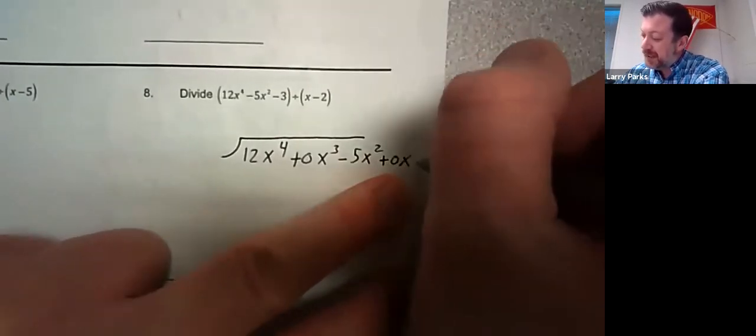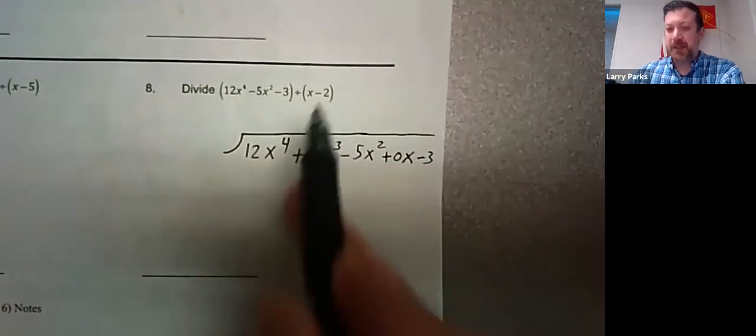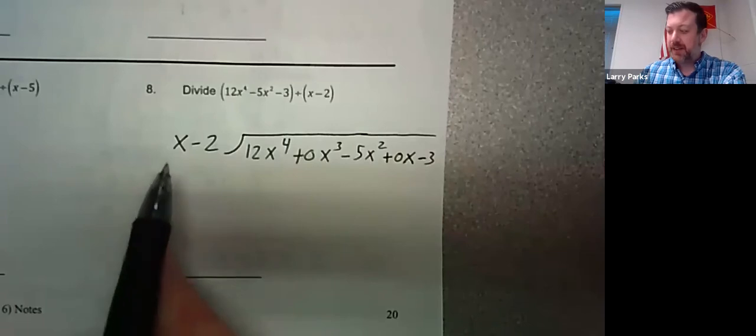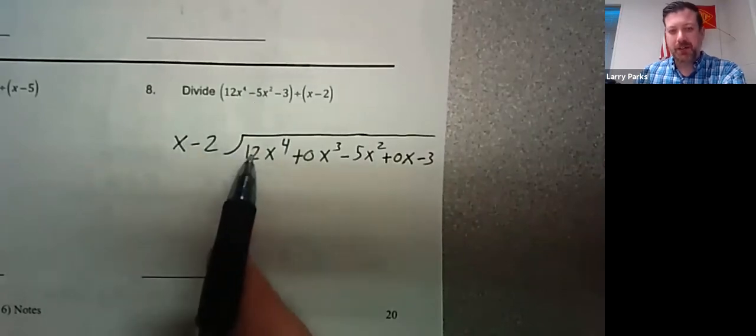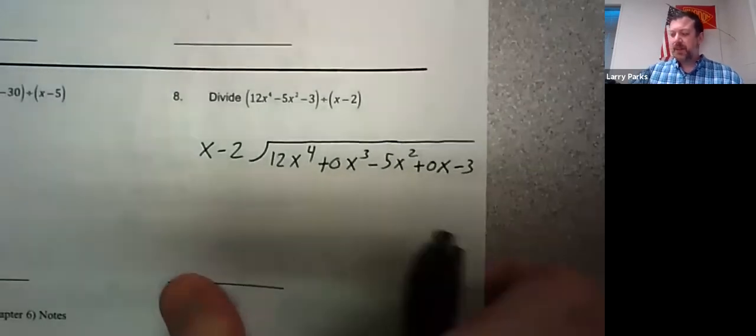And then we have our minus 3. And I'm going to divide that by x minus 2. And then I would say x times what is 12x to the 4th, subtract it out, so on and so on. But really, I want to make sure that we know how to put place values in there.